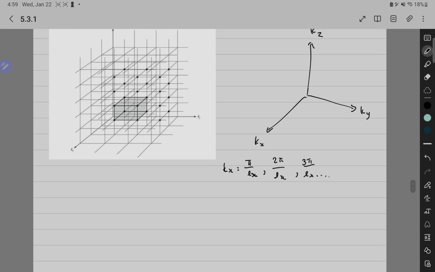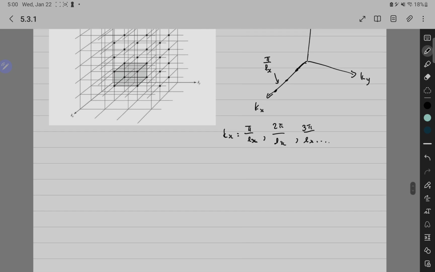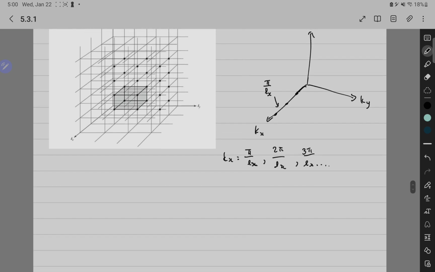What that means is that on the x-axis there are going to be grid points, and the distance between them is going to be the same. Each of these grid segments has a length of pi over Lx. It goes the same for ky and kz.